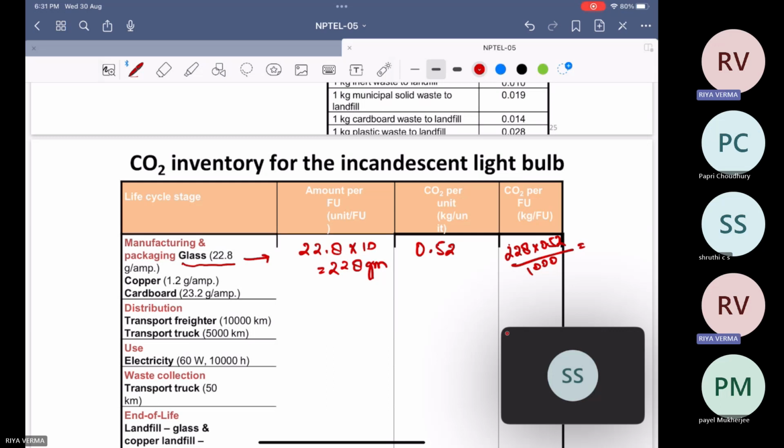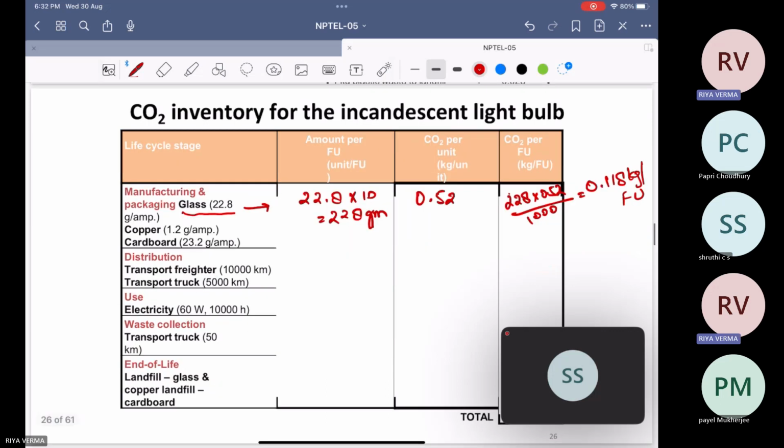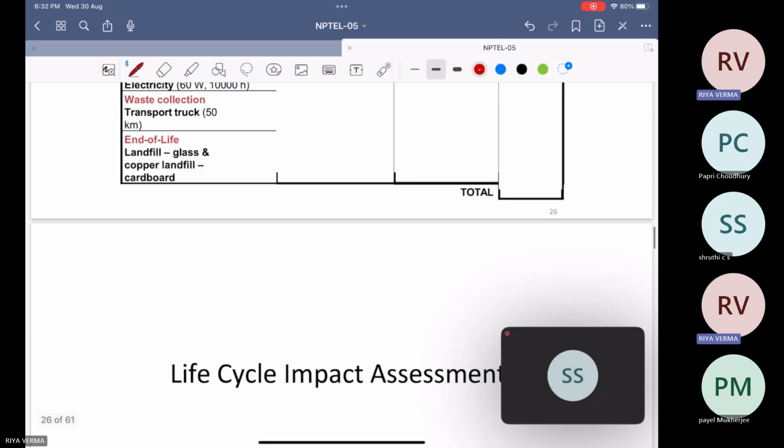So this comes out to be 228 into 0.52 divided by 1000, which is 0.118. That is kg per functional unit. So similarly, we can calculate for all the other factors and we can complete this table.